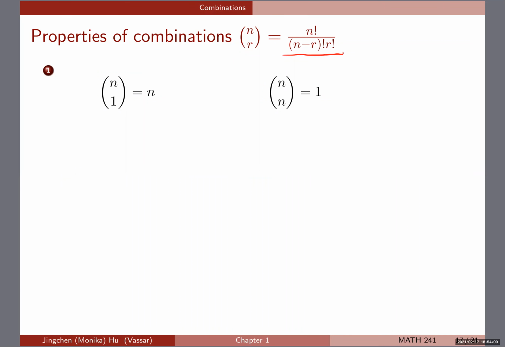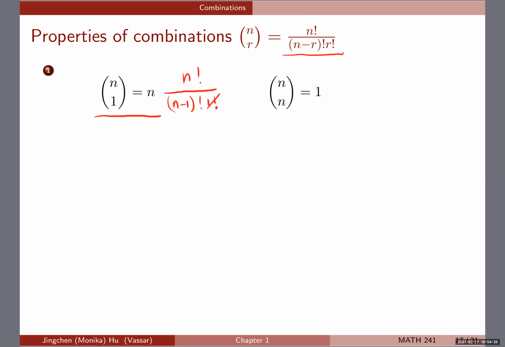So the first one, as we know, is choosing one object out of n objects. Intuitively, you know that there are n different objects and you're choosing one of them, so there should be n different ways to do it, right? And if you try to show it, I'm just going to do the demo for this one. It's going to be n factorial over n minus 1 factorial and 1 factorial, okay?